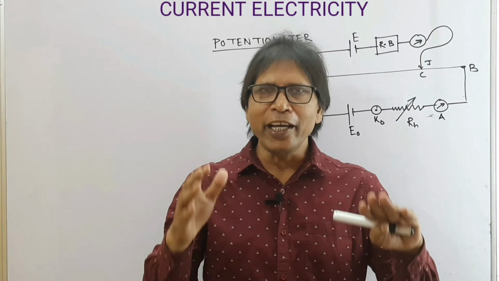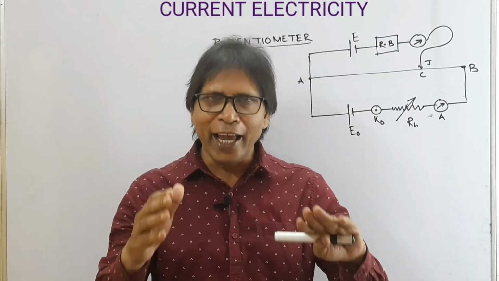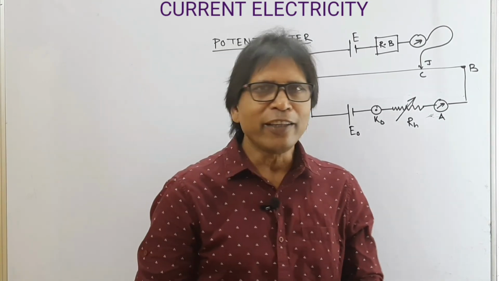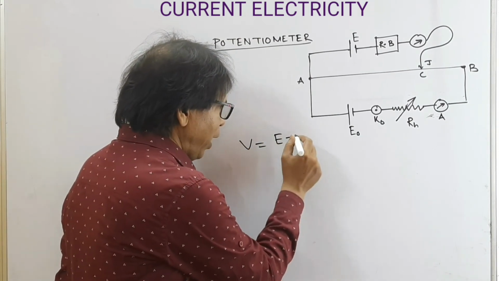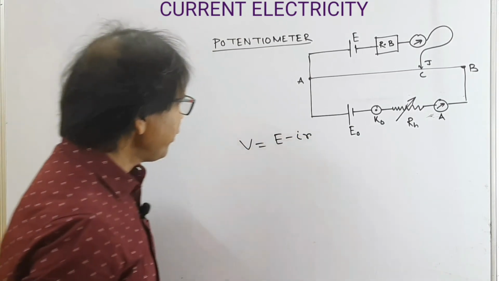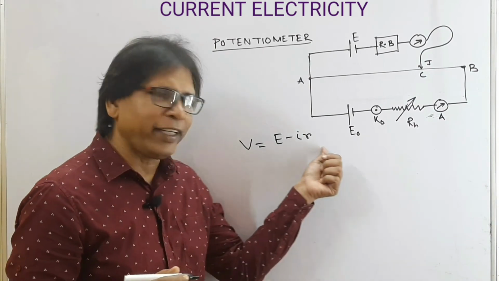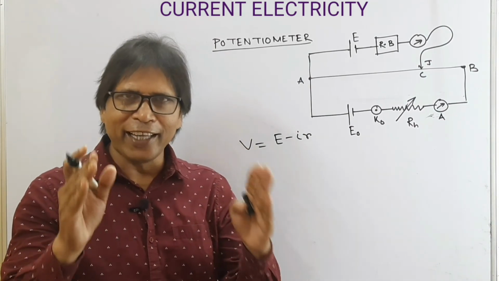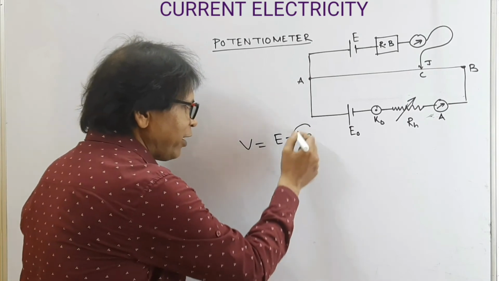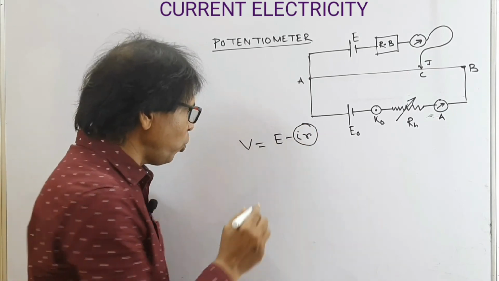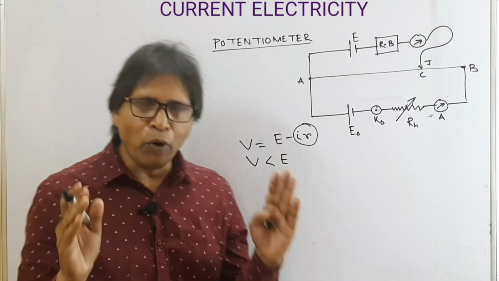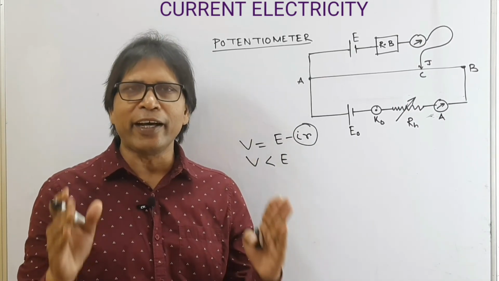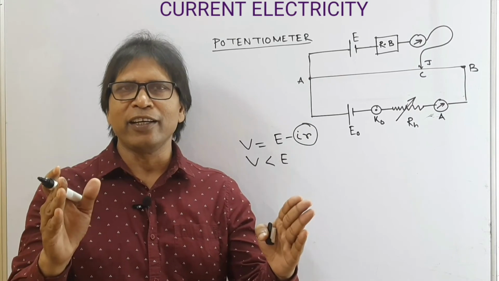If we measure the EMF of a cell with the help of a voltmeter, the voltmeter reading V equals E minus Ir. That is, the voltmeter reading is slightly less than E. Here due to lost volt, V is less than E. Therefore, a voltmeter can't measure the EMF accurately.